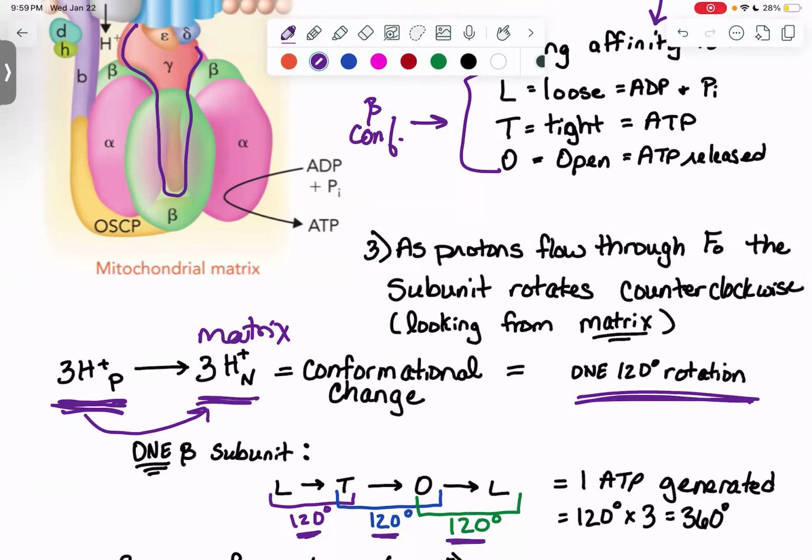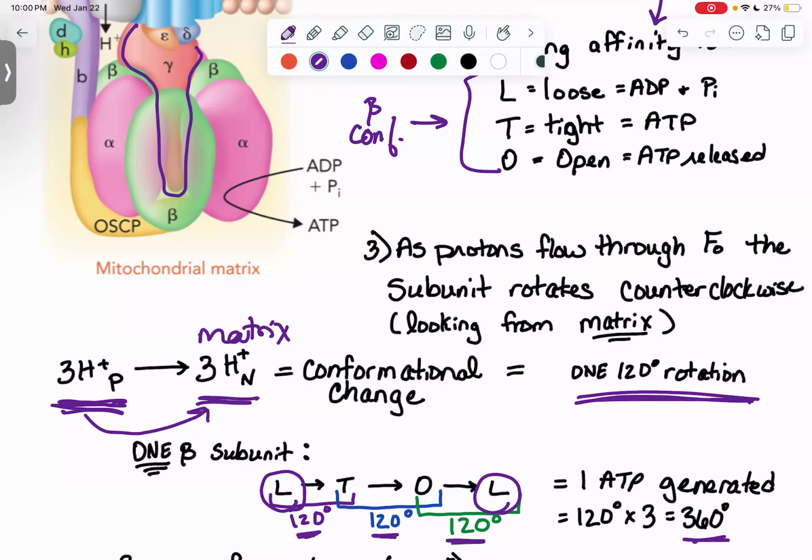And then another 120 degrees, oh, look at this, we go from open to loose. So we started in loose, we ended in loose. And in that process, we're going to generate 1 ATP. And we have 3 120-degree rotations, which leaves us at 360. So we're starting back at the beginning.